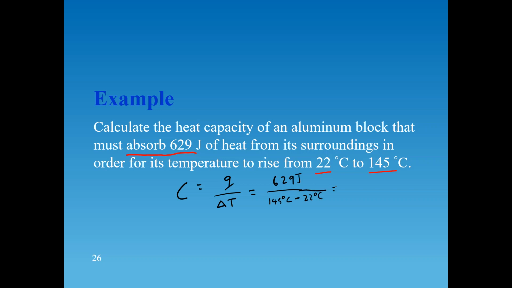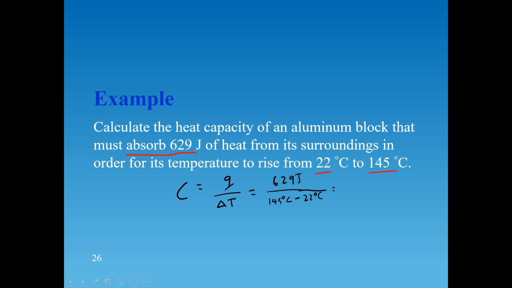And all we have to do is the number crunching. From here, what I would do is work out the denominator first. So 145 minus 22 equals that. And then I would divide 629 by that.